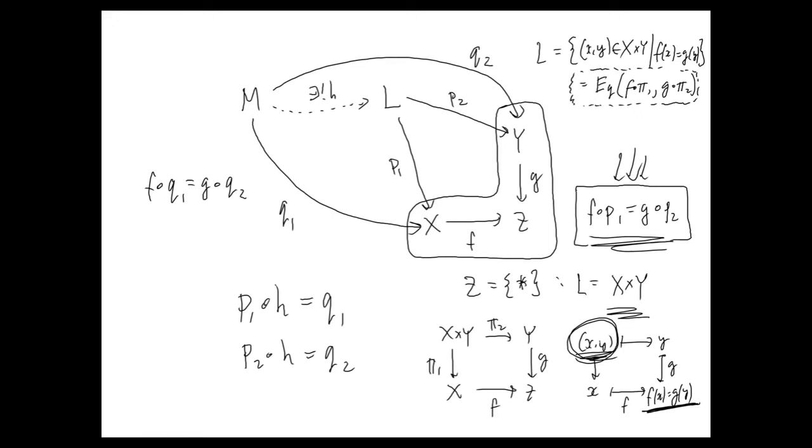Okay, so we take this L, and we now want to prove that for every M and every Q1 and Q2, such that this holds, there is a unique H. And let's prove that by similar methodology as last time. We pick an element in X and we try to see, firstly, if we are forced to define H in a certain way. So the question is, what is H of X?